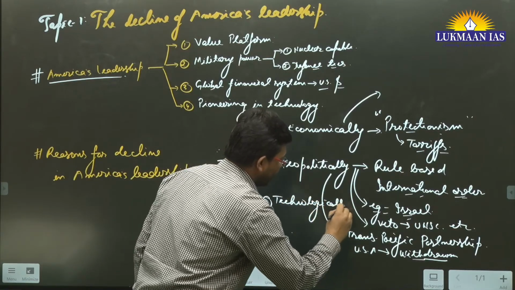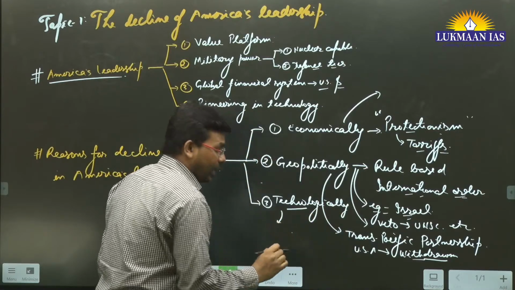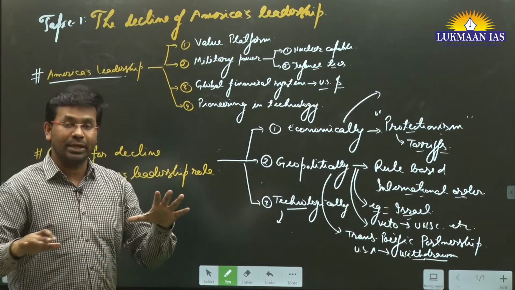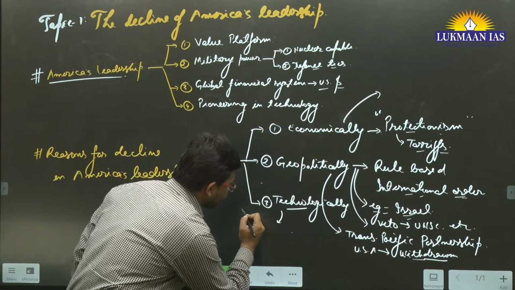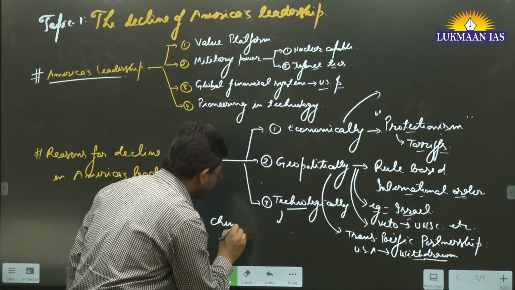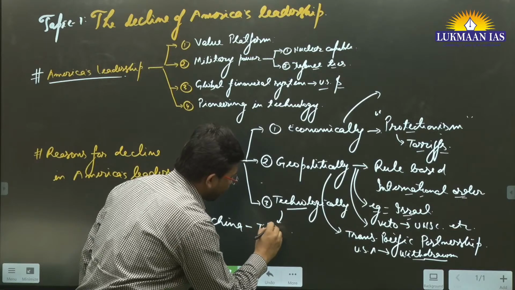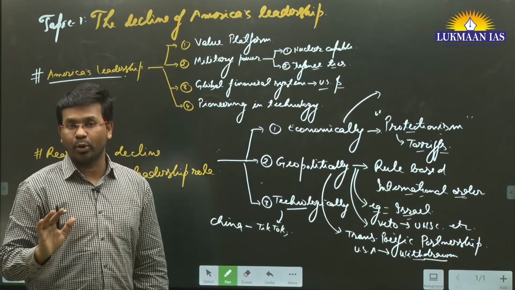If I talk about it technologically, what is happening? Earlier the United States of America was the only country dominating in the technological sphere. But now other countries, for example China, are also dominating. China has TikTok, for example, which is being used by a huge number of people across the world.